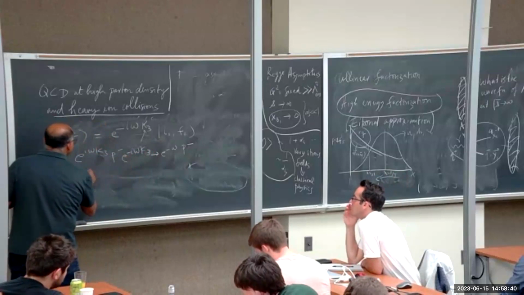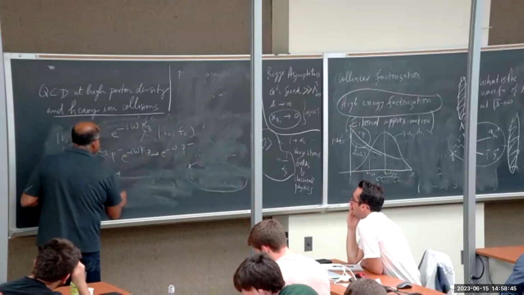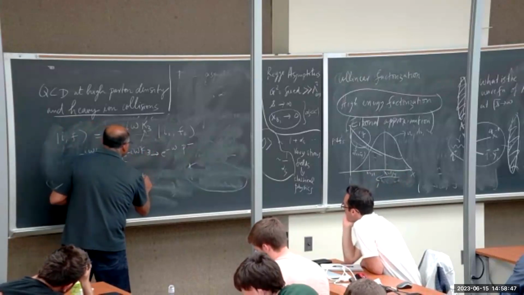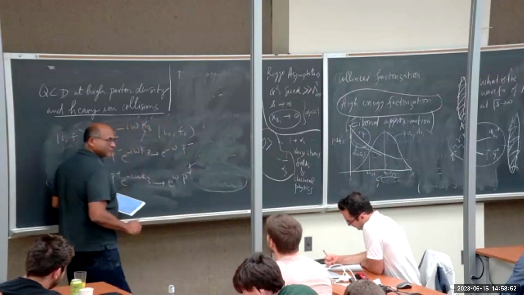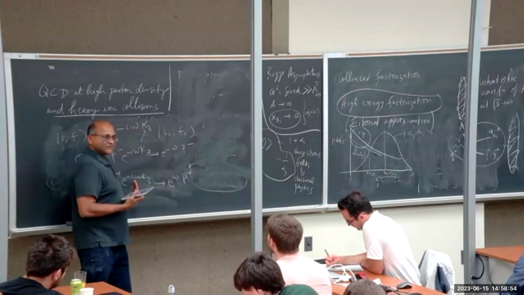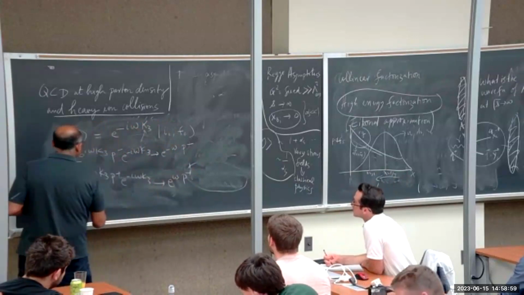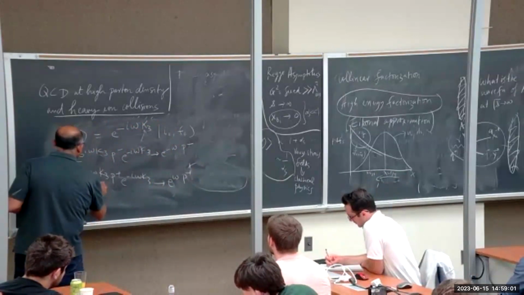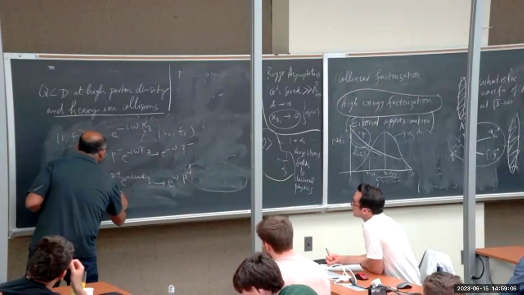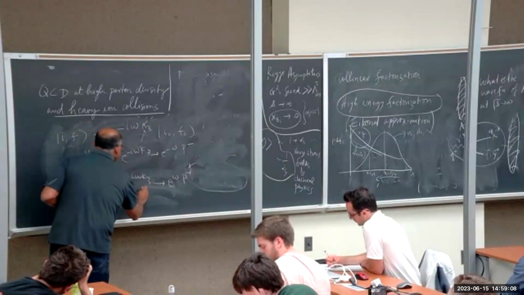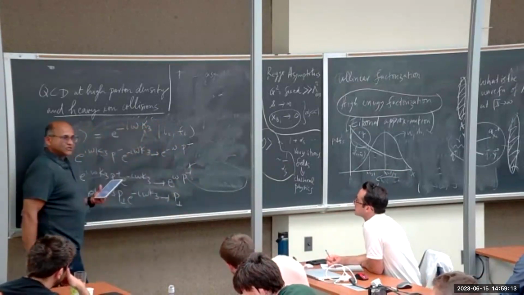Similarly, the momentum operator, under e to the plus or minus i omega K3, goes to e to the omega times p plus. So the momentum gets boosted by the action of this boost operator in one direction, in the P minus direction, if you like. And then the transverse momentum is invariant under this boost.